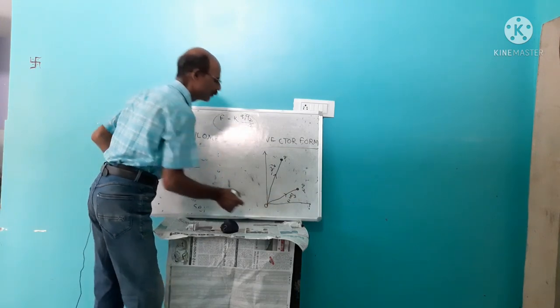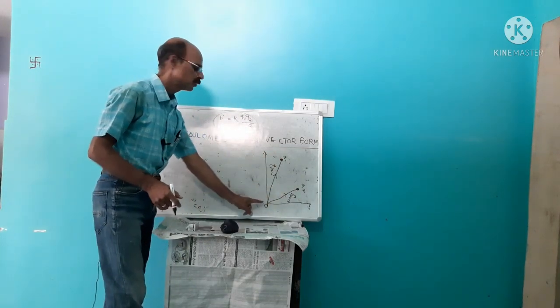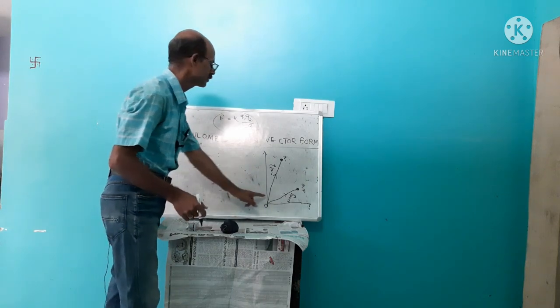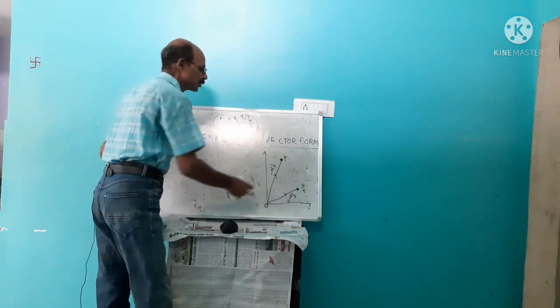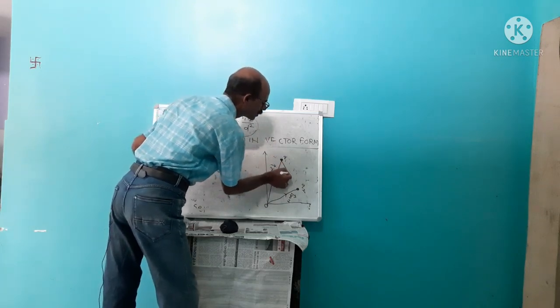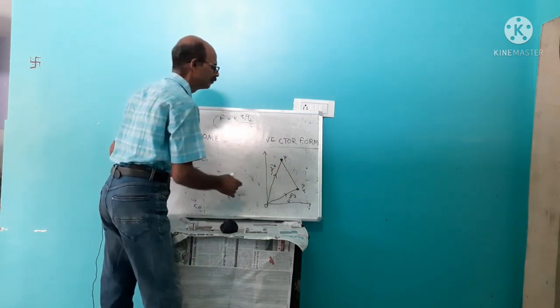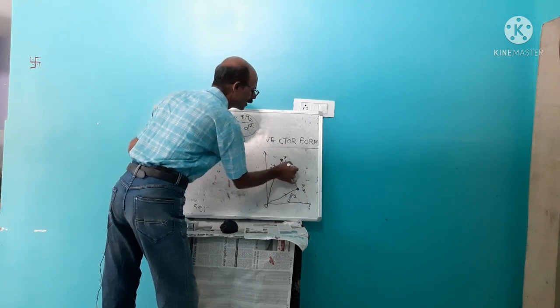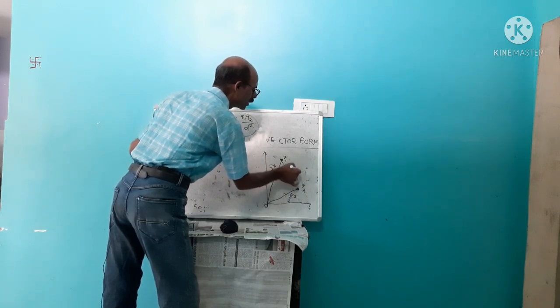Position vector means if we join the position of the charge to the origin of the coordinate axis, then it is the position vector. So it is the position vector of Q2. This is the line joining them. Let us take it to be R21.